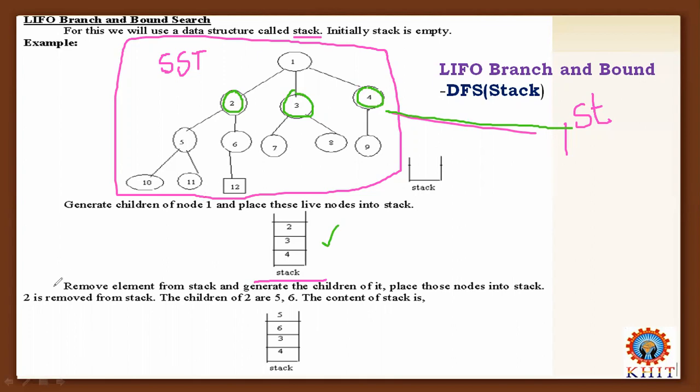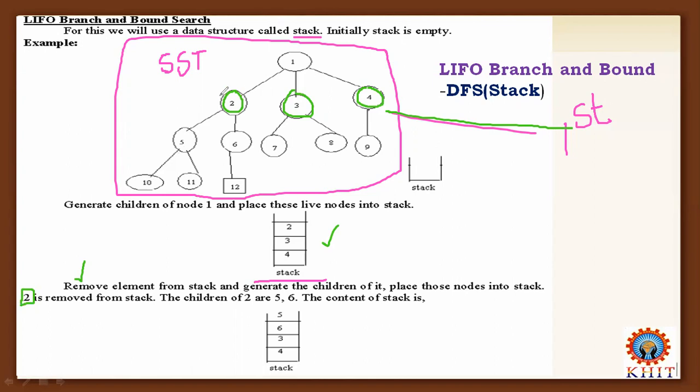Next, here I can apply a delete option, that is remove. So I need to remove node 2. If I remove node 2 from the given graph, what will happen? We will see.